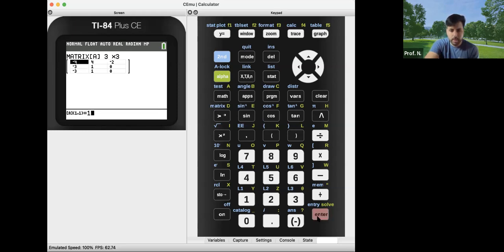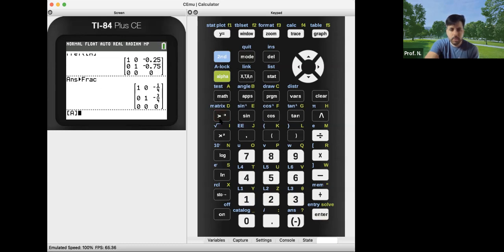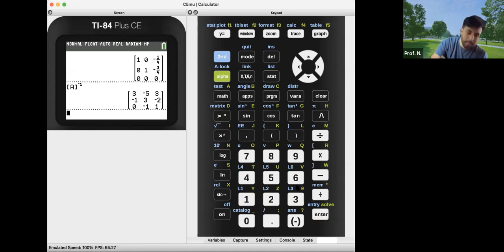So I got 1, 2, 1, 1, 3, 3, 1, 3, 4. So I want to find the inverse, take the inverse, and boom, I get 3, -5, 3, -1, 3, -2, 0, -1, 1.